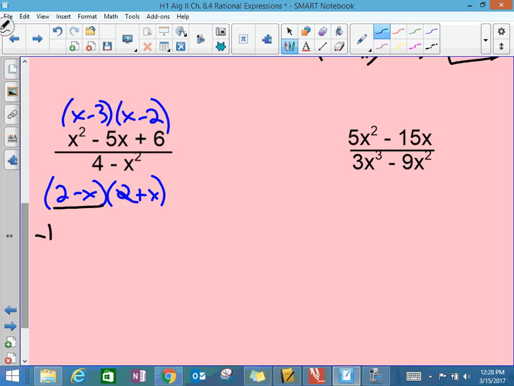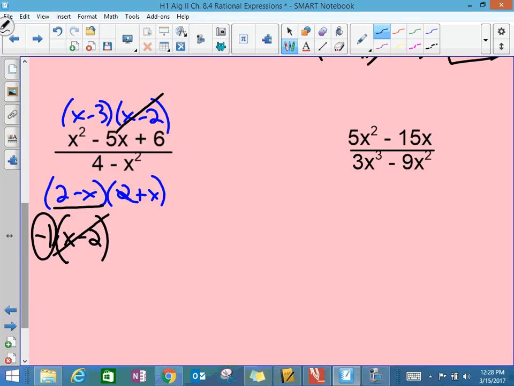If we took out a -1, the negative x becomes positive, the positive 2 becomes negative, okay? And now we can cancel those out. Now they cancel, but we still have this -1 in our equation, and it has to stay.